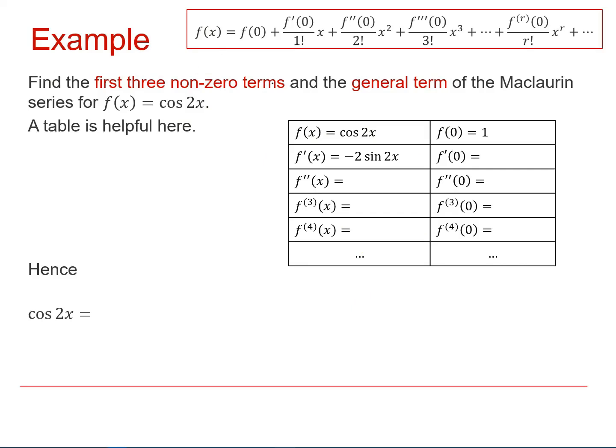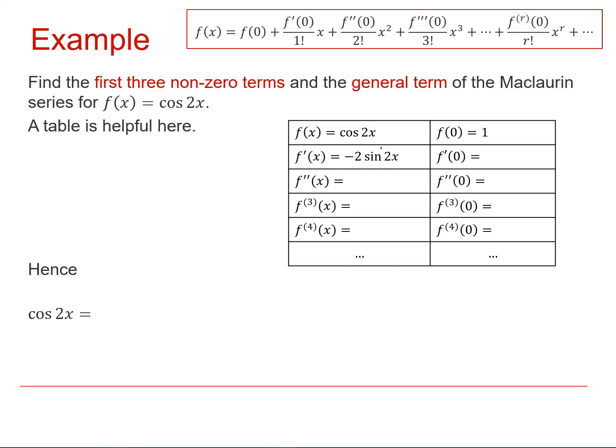So let's have a look at this example. We're going to find the first three non-zero terms and the general term of the Maclaurin series for f(x) equal to cos 2x. And the simplest way to tackle it is to have a look at a table. So here's my original function. Here's its first derivative, minus 2 sine 2x.